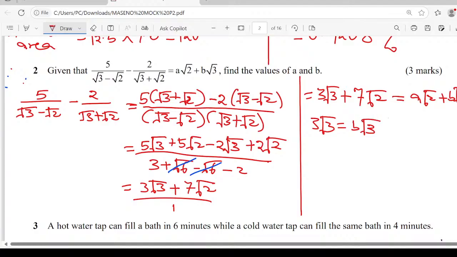Now, because this is similar, the value of b will be equal to 3. Then I can also see 7 root 2 being equal to a root 2. Because they are similar, the value of a will be 7.